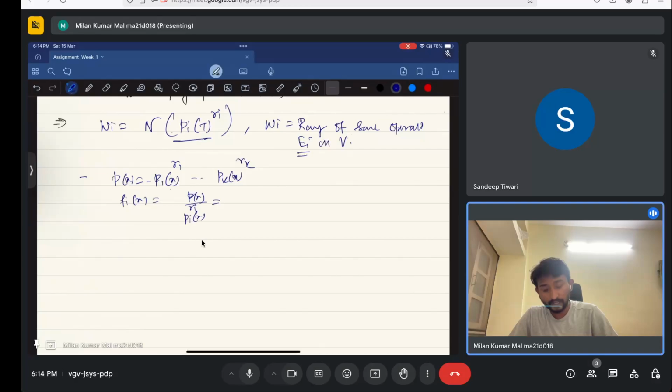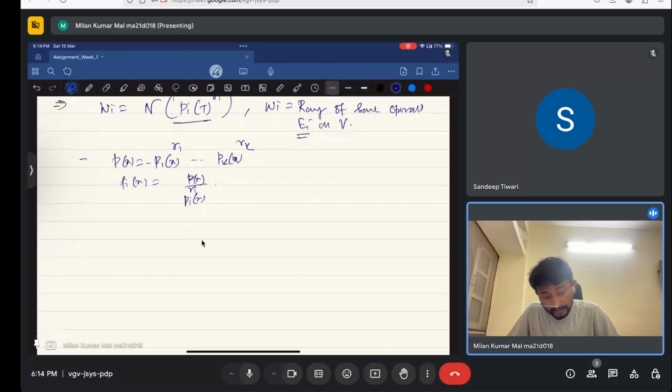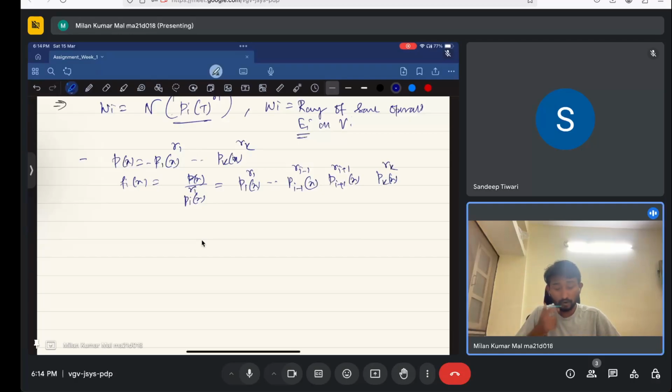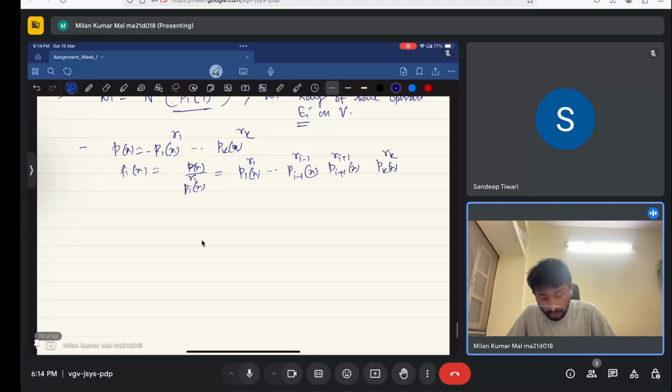That means I am taking all the elements from here except the ith one. So this is again a polynomial: (p1(x))^r1 all the way to (p(i-1)(x))^r(i-1), (p(i+1)(x))^r(i+1), all the way to (pk(x))^rk.